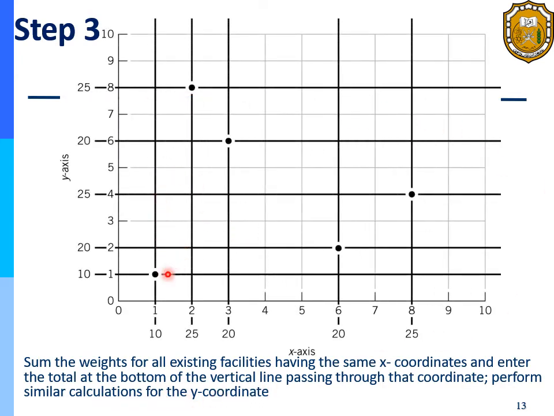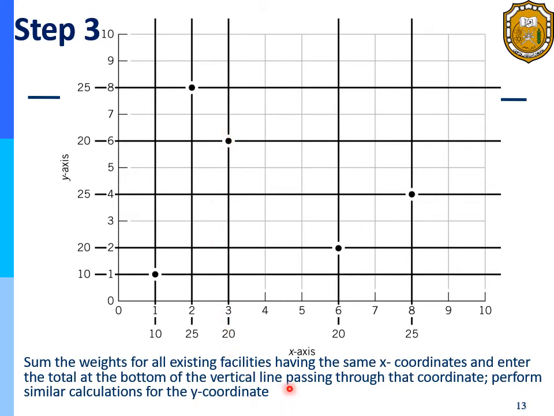In our example, remember, this vertical line is passing through this facility, which was P1, and for P1 the weight was 10. So we write weight 10 here. For this line, there is an existing facility here, and we write its weight here, 25. Another existing facility, only one, and we write its value.